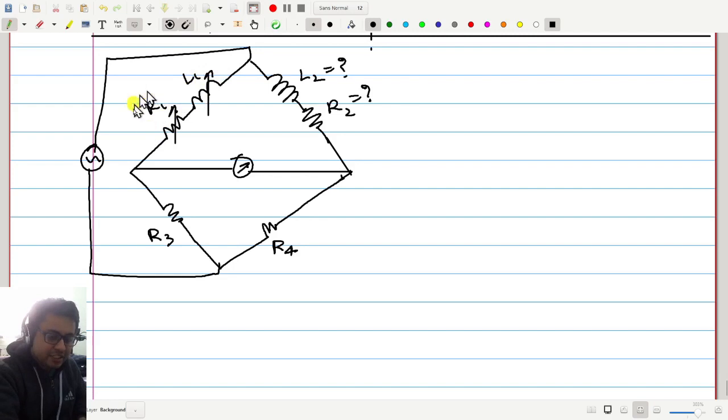Then we will change R1 keeping L1 fixed, and look at the deflection. As we change R1, the deflection may decrease up to some point and then again start to increase. We will choose the point of minimum deflection and fix that value of R1. After that we will again change the value of L1 and get the minimum deflection, then again change R1 keeping L1 fixed.